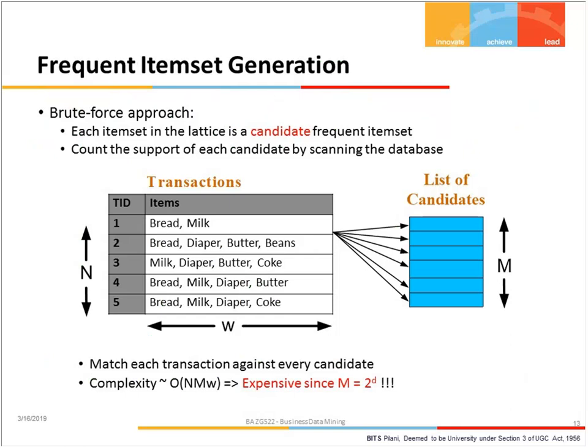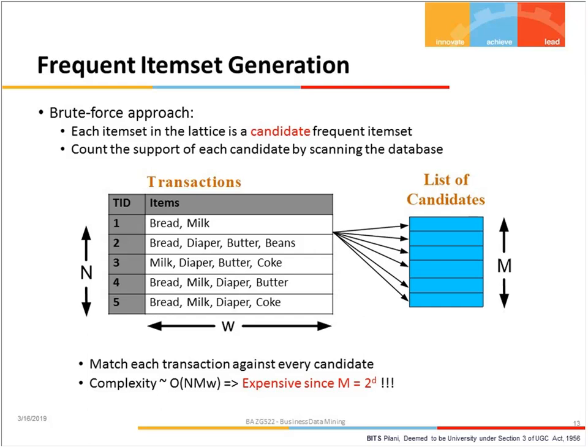So let's look at the challenges with frequent item set generation, particularly when we use the brute force approach. If there are w items that are sold by the store, there are N transactions, and you need to consider M candidates, then essentially we are looking at how many times we need to calculate the support. How do you find the support?